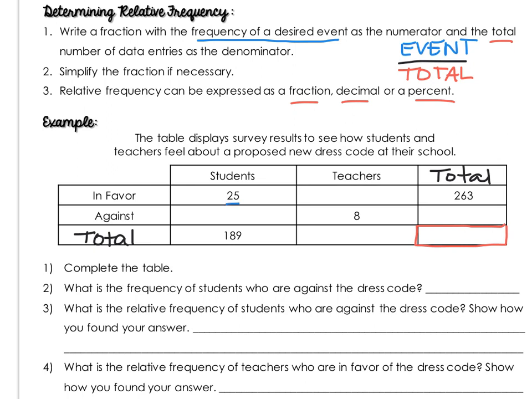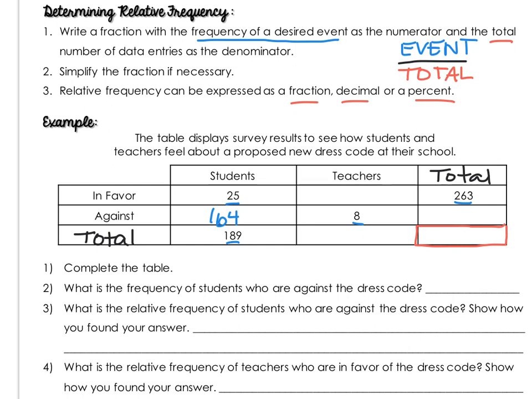So 25 is a frequency, 189 is a frequency, 8 and 263. So let's fill in the rest of the numbers as a frequency first. If I have 189 students total and 25 were in favor, I can use reasoning to figure out 189 minus 25 would leave me with 164 students.